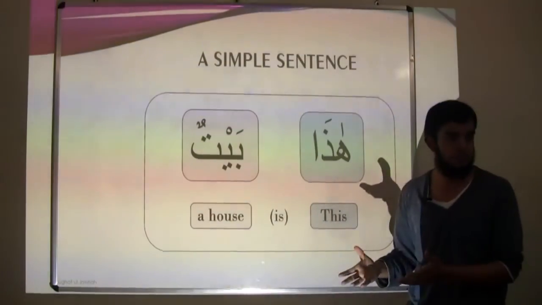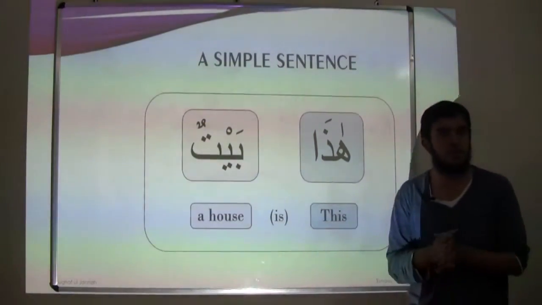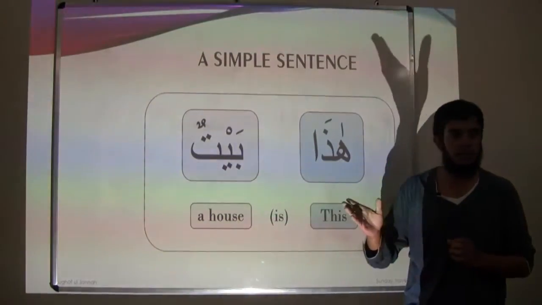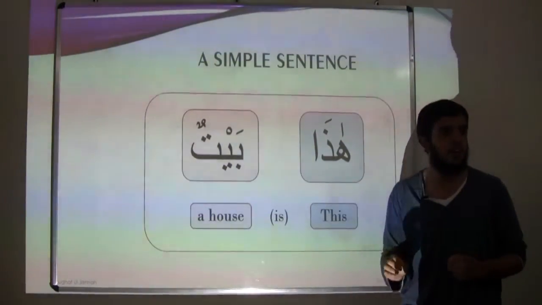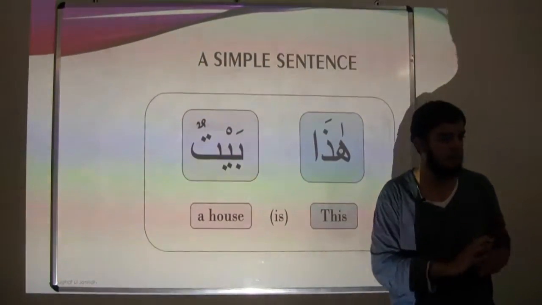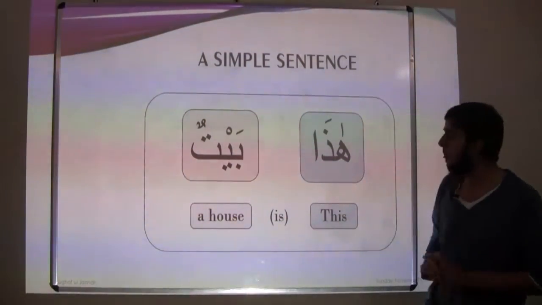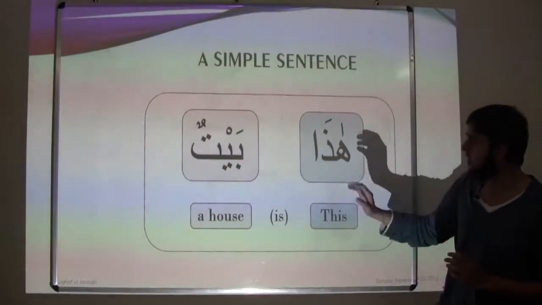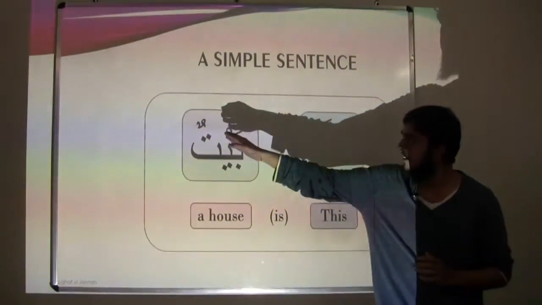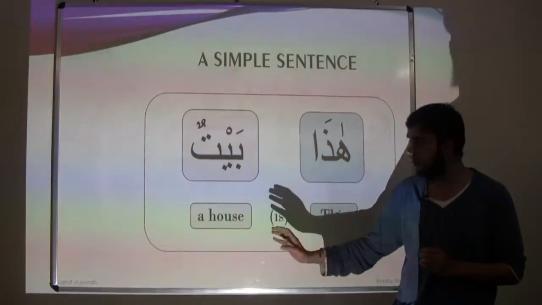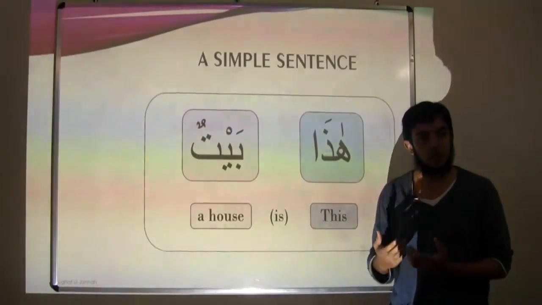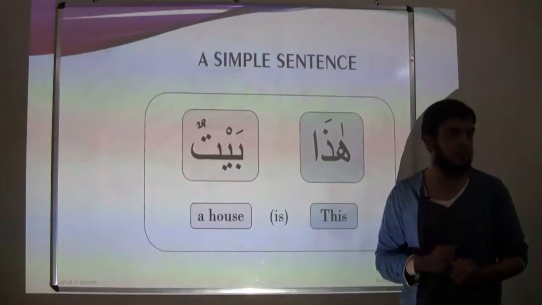It's understood. For example, in Urdu, we would say ye ek ghar hai. Hai does not have an equivalent in Arabic. It's implicit. Also, when you say hadha baitun and it ends with a double dhamma, it is a house. You're not specifying anything there. So it is indefinite. And this is a very important point.